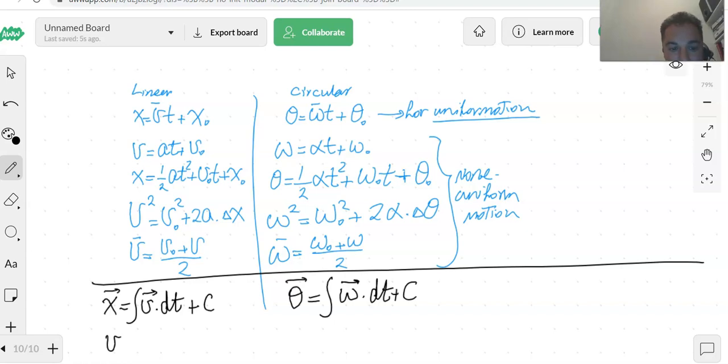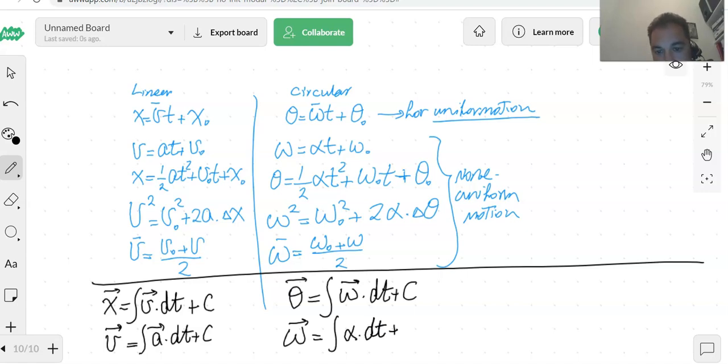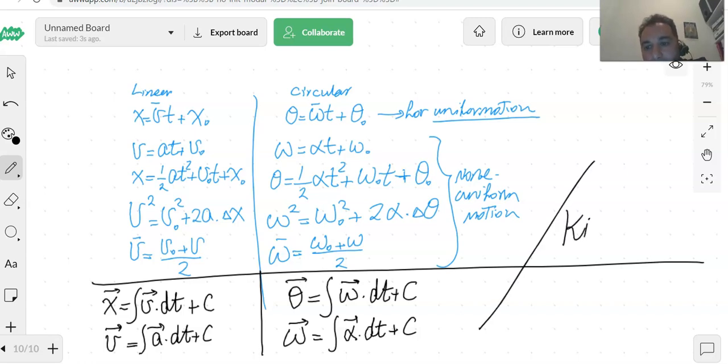As we had here, the mother equation was v equals, of course these are functions of time, the integral of a dt plus a constant, correct? Here we are going to have omega equals the integral of alpha dt plus a constant. Okay, so this is all about kinematics of circular motion.